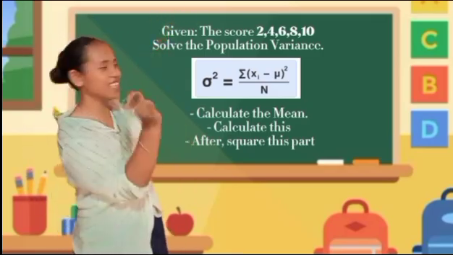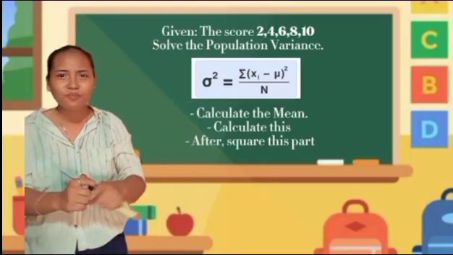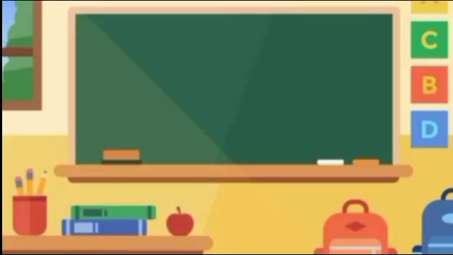Alright, sit properly, class, and listen. I will group you into 2 groups. Row 1 will be group 1 and row 2 will be group 2. You're going to imagine that you are reporting the result of a new drug.